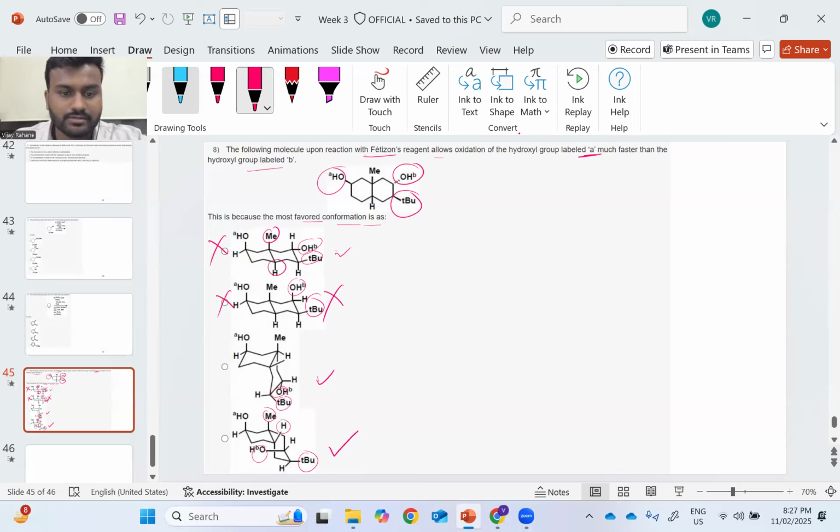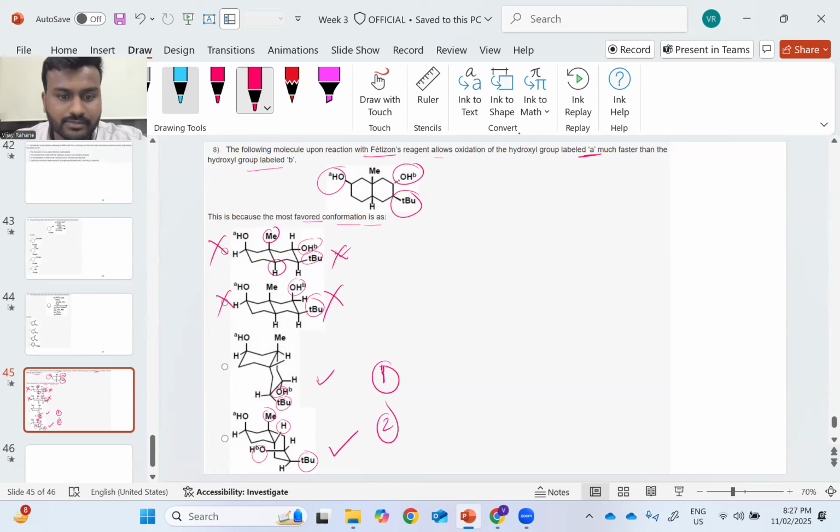So the choice will be between this one and these two, so only two options remain, because these conformations are written wrongly. Next, if you look at this, hydroxy and methyl are syn to each other.